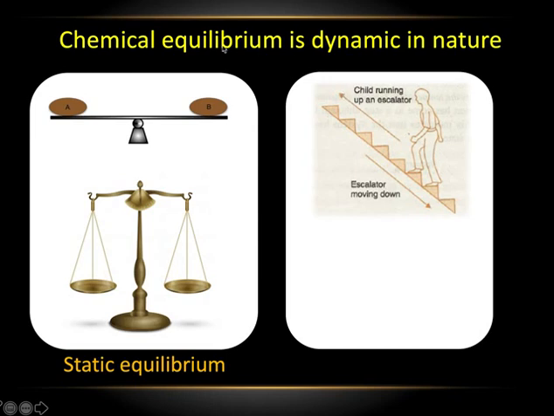Now think of the third possibility. Suppose this escalator is coming down at speed X and this person is also going up with speed X. What will happen? The escalator will be going down, the person will be going up, but if anybody sees from a distance, one will find that this person is just walking in place. He is not moving up, not going down.